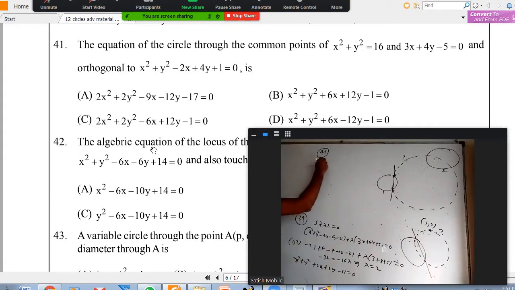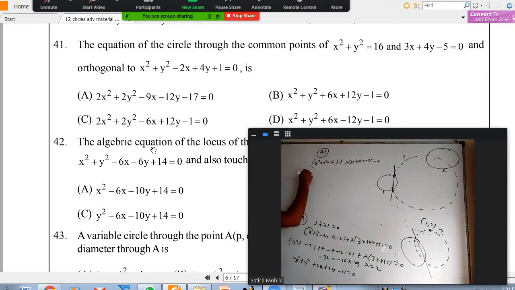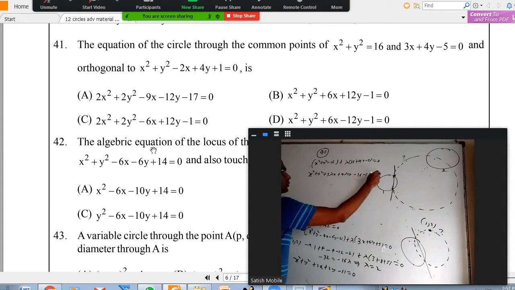So x square plus y square minus 16 plus lambda into (2x plus 4y minus 5), that is x square plus y square plus 3 lambda x plus 4 lambda y minus 16 minus 5 lambda.